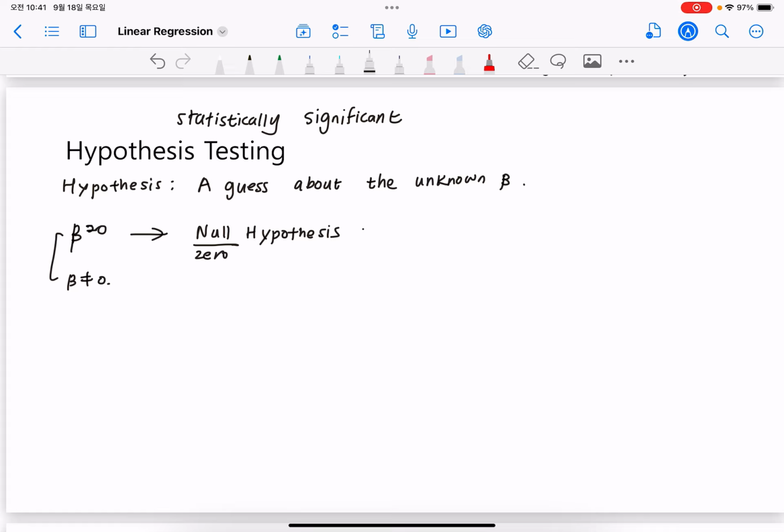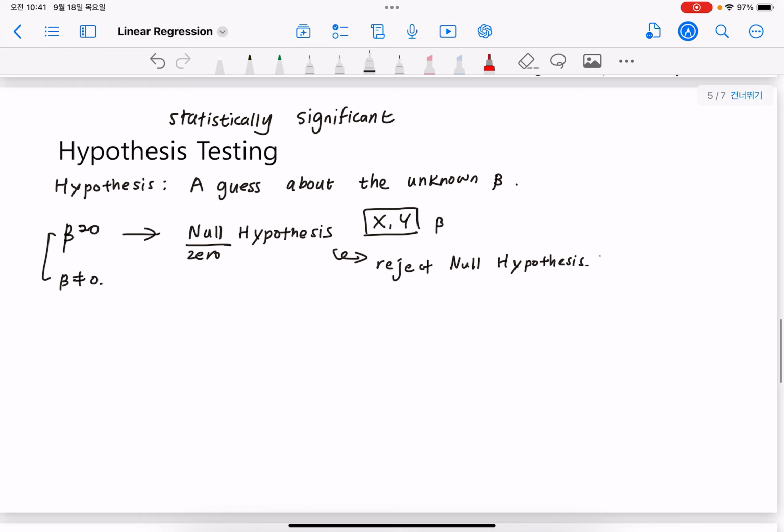And the goal here is, if we want to find that x and y have a relationship, then desirably, we want to have a beta that is not 0, right? So the way we form a hypothesis test is trying to see whether we can reject the null hypothesis, right? This is also called H0.